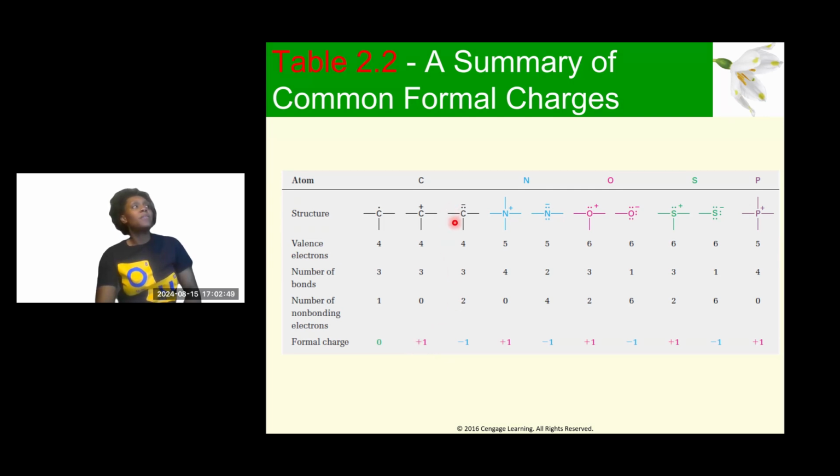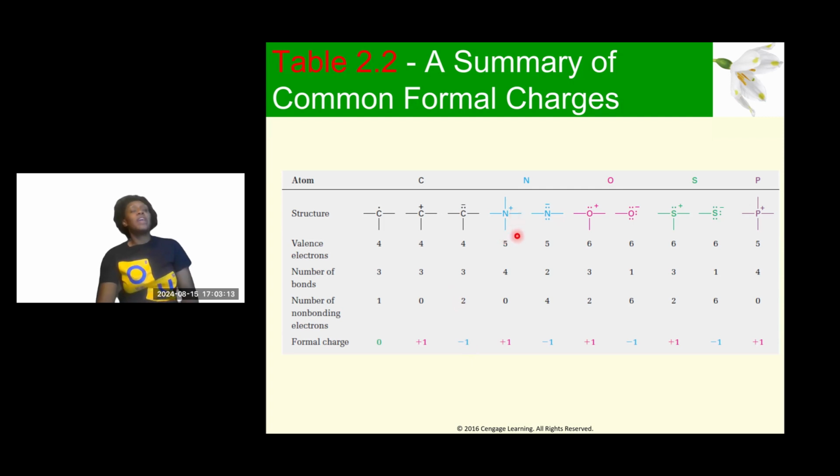Now this carbon here, again, has 4 valence electrons. You simply count the bonds and the electrons. You have 1 bond here, 2 bonds here, 3 bonds here, and then 4 if you're counting the electron here, 5 if you're counting the electron over here. And so 4 minus 5 gives you a negative 1 formal charge, which you see down here.